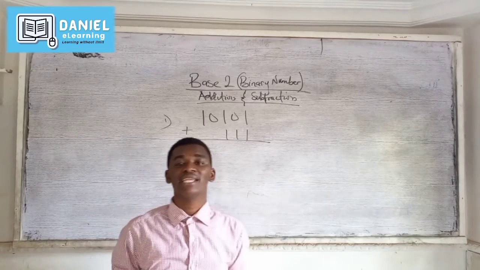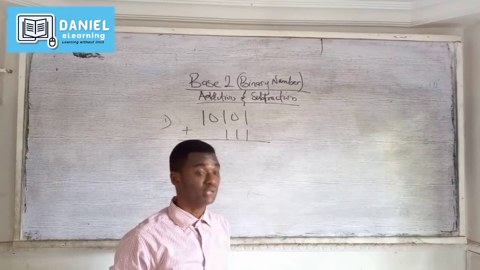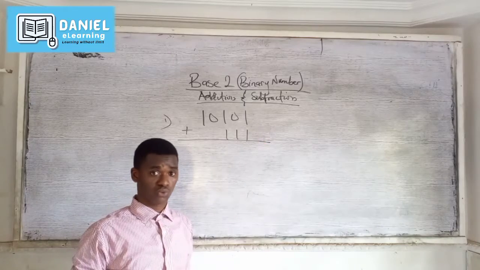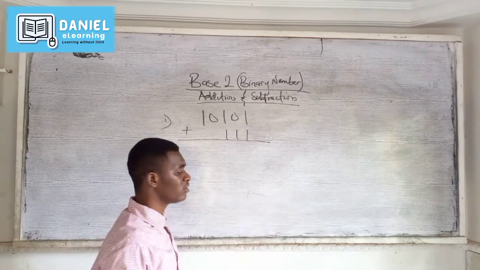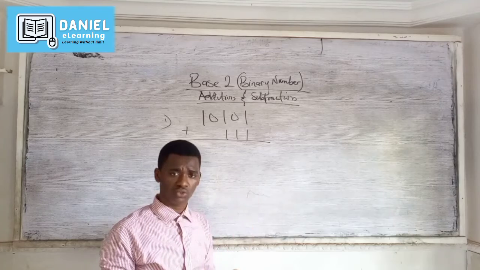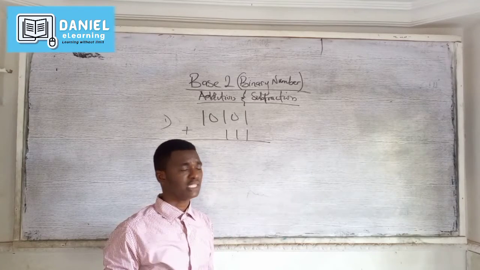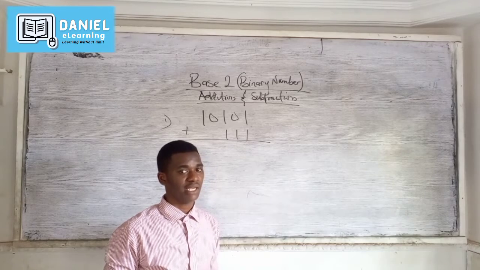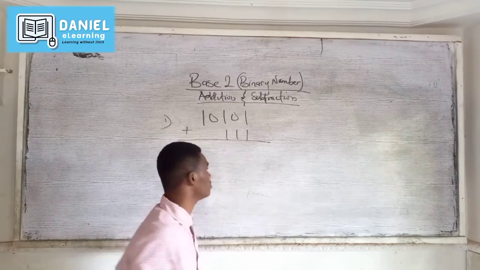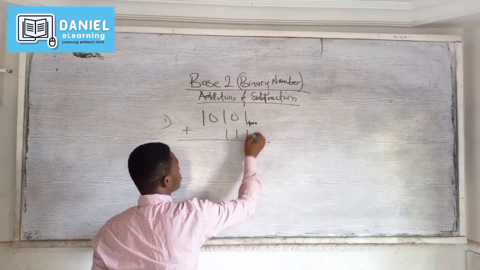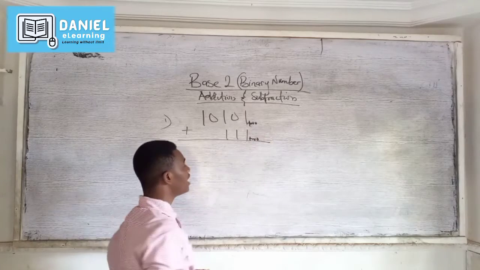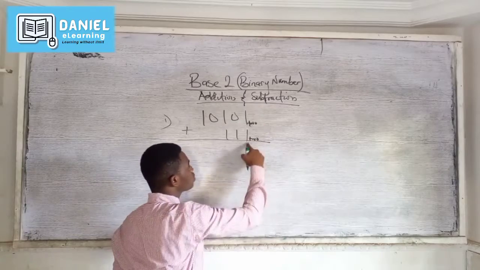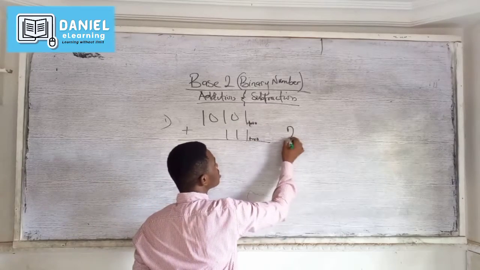So in adding binary numbers, you would normally say 1 plus 1 is 2. But I want you to know that in binary, 1 plus 1 is not 2. 1 plus 1 is 10, and I'm going to show you how that is done. 1 plus 1 is 2.